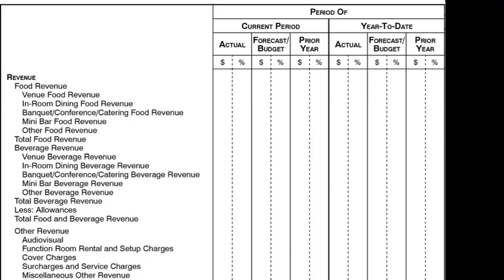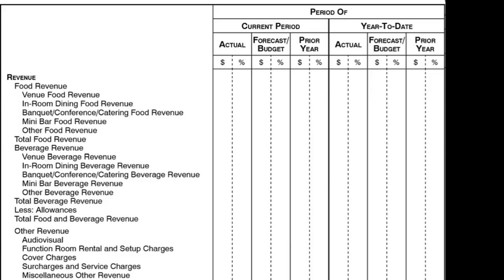Each type of revenue, the food revenue and the beverage revenue, is divided by the venue, by the type of restaurant. So the hotel may have different types of restaurants. Maybe it has in-room dining, banquet, mini bar, specialty restaurants, other takeaways. So every outlet has to be treated separately. Every outlet's profitability is supposed to be determined separately.